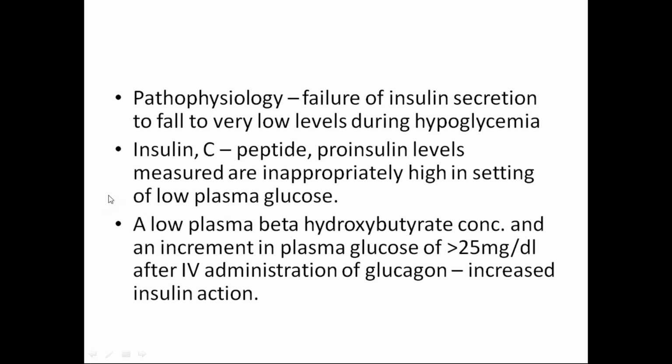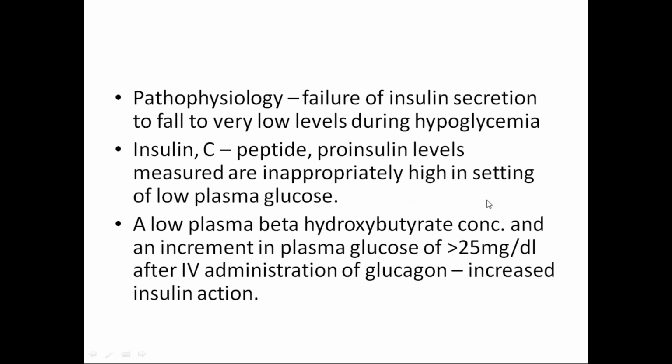Normally, with low plasma glucose, insulin production should decrease, but here they are inappropriately increased. All of these are increased in hypoglycemia; normally they should be decreased.